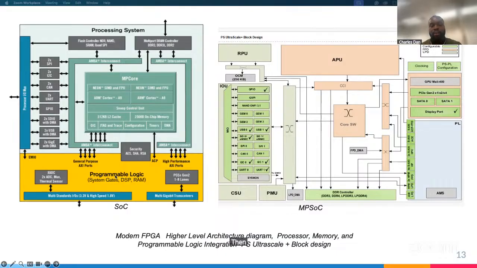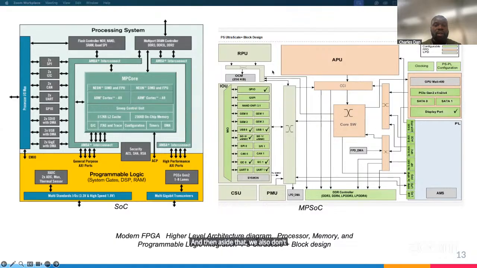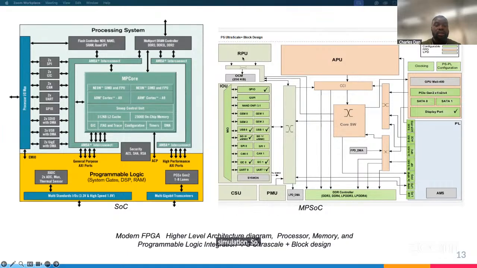Then on the MPSoC side, on the right side, you also have a processor cluster. So we have the processing system and then the PL as well. And aside from that, you have the real-time processing unit for real-time control. So maybe if you want to control a motor or your devices, you can just connect.